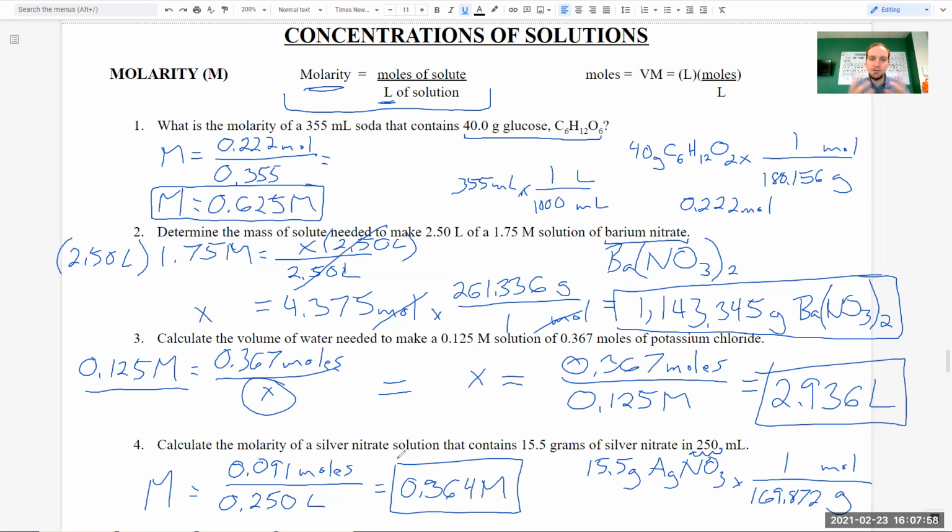The stronger, the more concentrated it is, there would be more moles in that volume. Therefore, your molarity would be a higher value. If you have a very dilute solution, then you don't have a lot of moles of your solute. Therefore, your molarity would be a much lower number. So I would say that number 1 and number 4, being both less than 1, are pretty dilute solutions, okay?